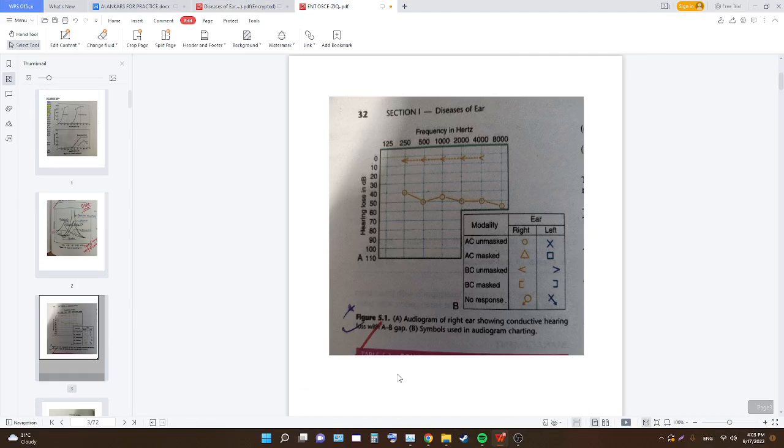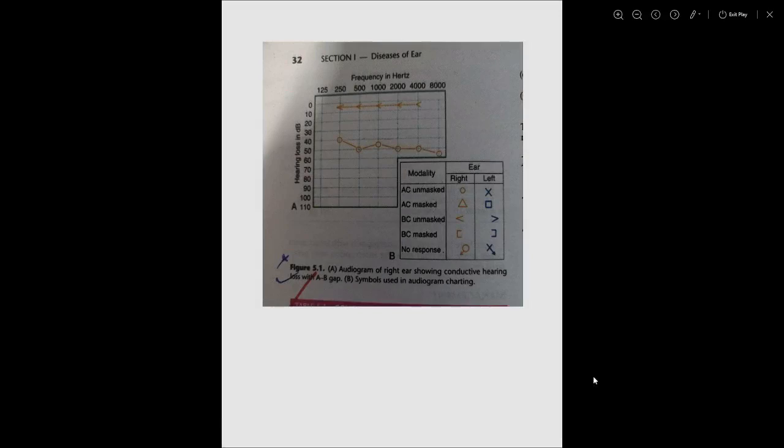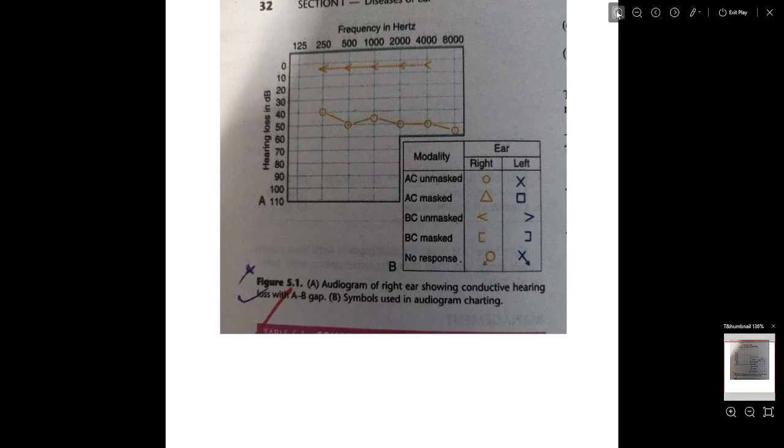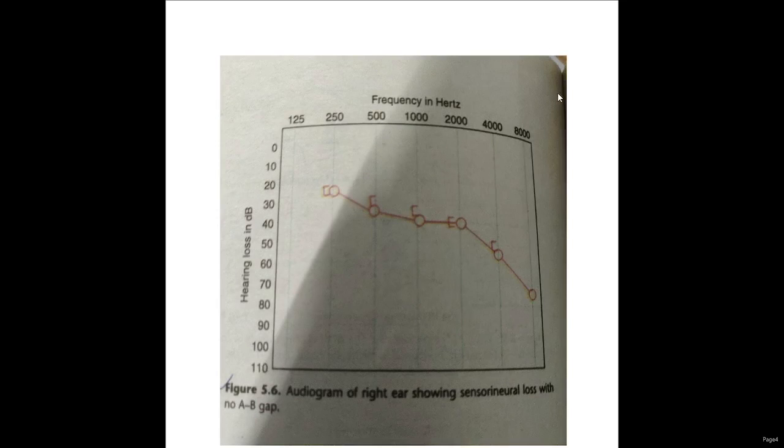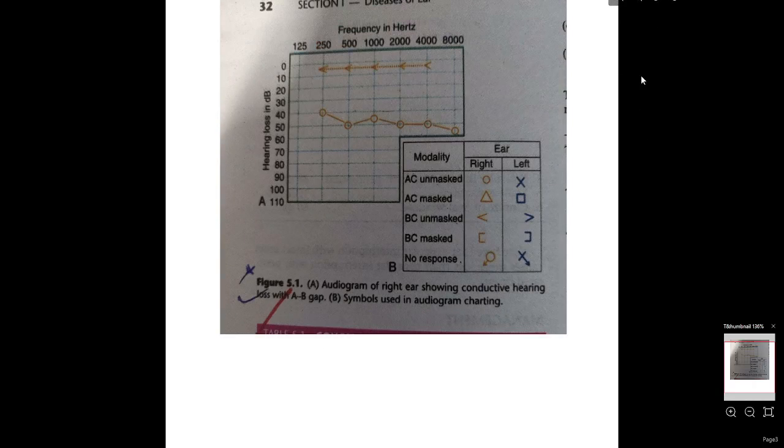Okay, this is an audiogram. I'll just maximize it. Okay, these are the different frequencies in hertz, 125 to 8,000, and this is the hearing loss in decibels. First of all, we should know the basic signs. X is for left, okay?